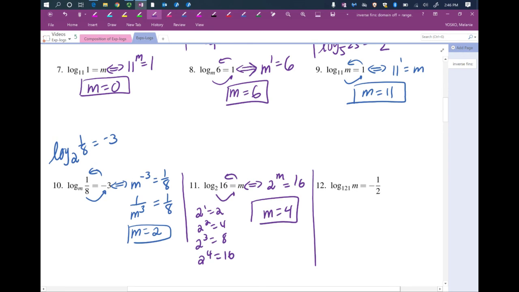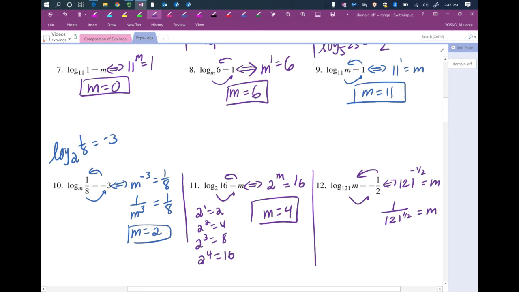Last one. Log base 121 of m equals -1/2. So let's rewrite this. Base is 121. Power of my exponential is -1/2. And the output is m. So -1/2. Well, if I want to write the exponent as a positive, I flip the position of the 121 and I put it on the bottom.